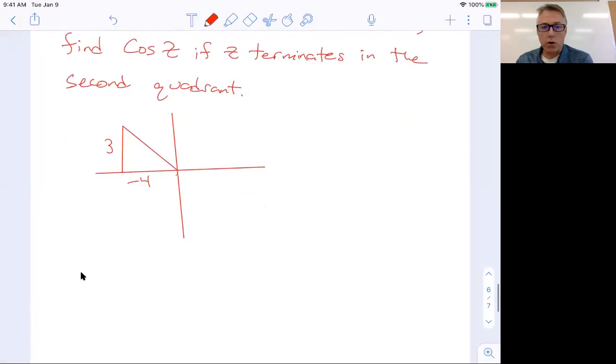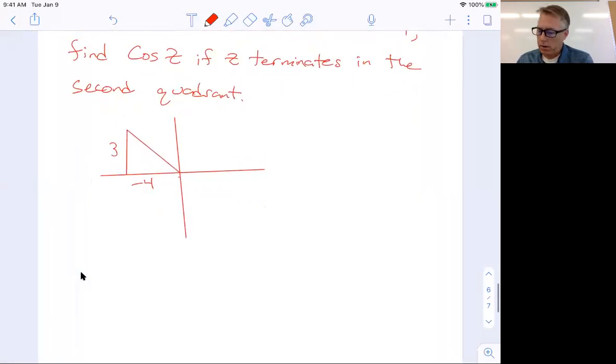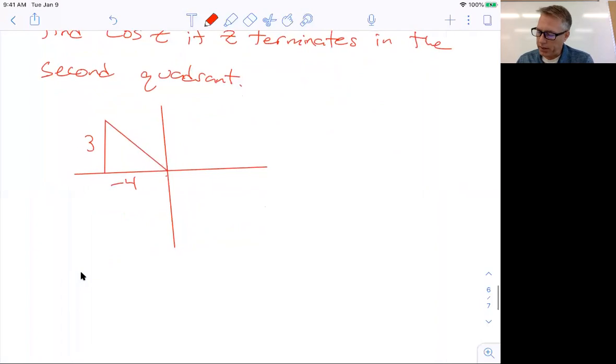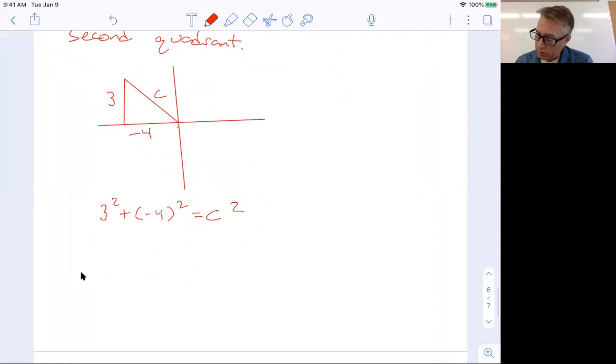All right, so we drew our triangle. Now we're going to find the third side. So I'll do 3 squared plus -4 squared equals c squared. You might remember it's a 3, 4, 5 triangle, but if you don't remember your triples, that's okay.